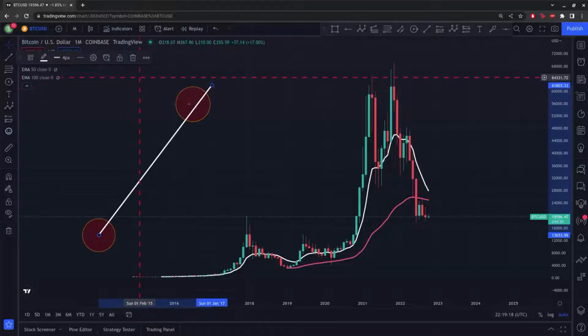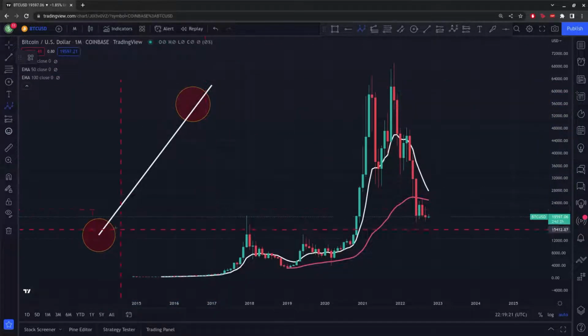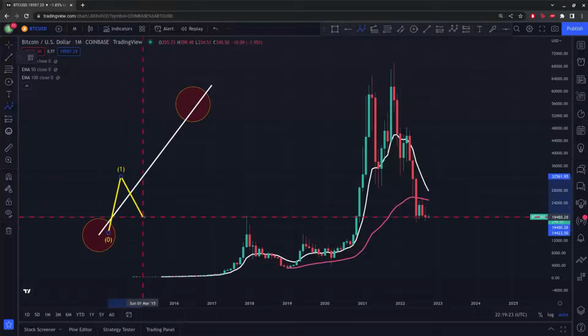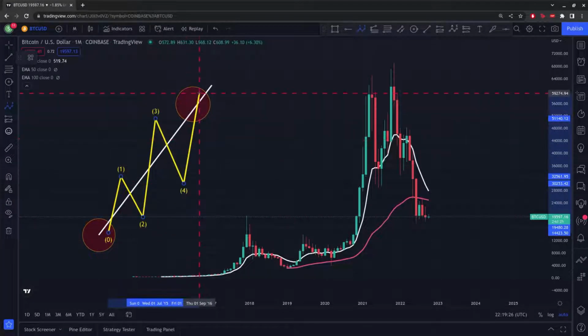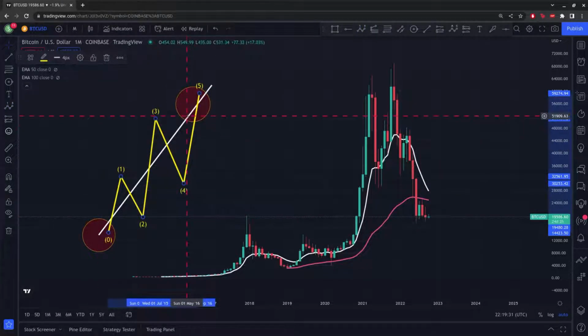So you always have a 5-wave pattern: the first wave, second, third, fourth, fifth. So this is the move from point A to point B. It moves in a 5-wave pattern. Vice versa for a downtrend. It also moves down in a 5-wave pattern, so you have a bearish 5-wave pattern.